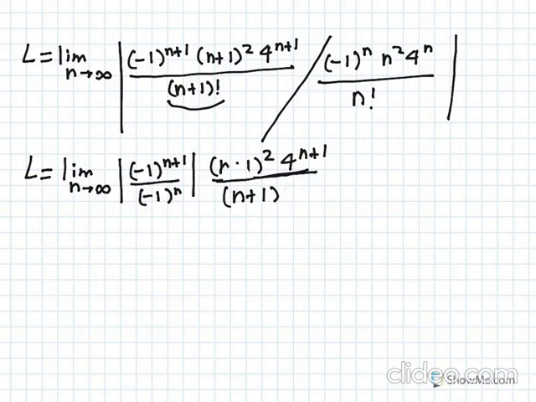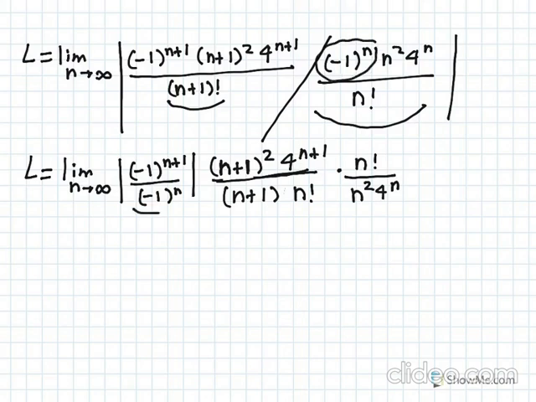Let me just fix this up here, n plus 1 squared. Now, we're dividing by this fraction, which means we reciprocate it, so times n factorial divided by n squared times 4 to the power of n. And we already took care of the negative 1 to the power of n. All right, so let's do a little bit of simplification. Let's check everything. n factorial cancels in the numerator and denominator.